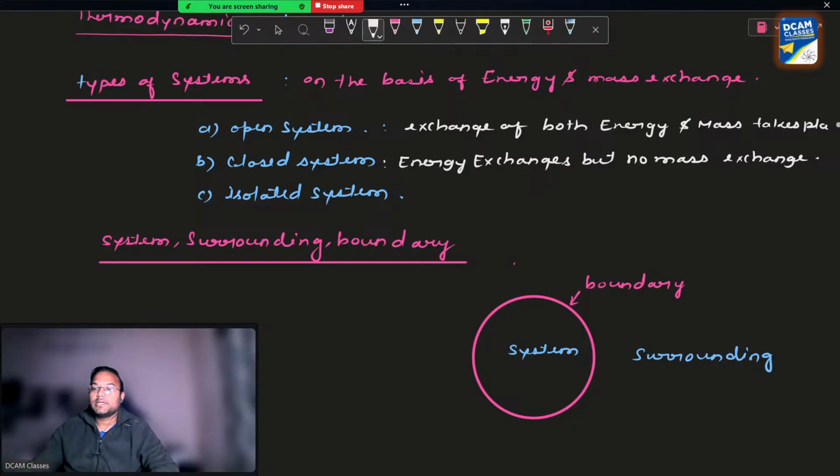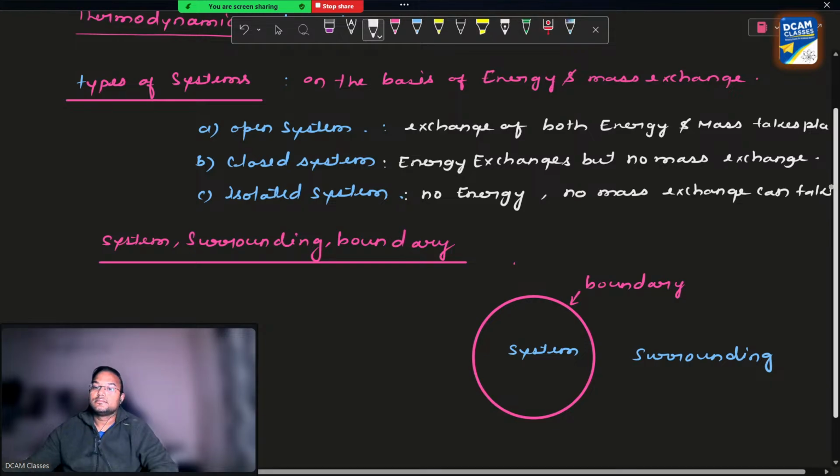In open system, both energy and mass can move out or come in. In the isolated system, no energy, no mass exchange can take place. Okay, these are three types of systems.